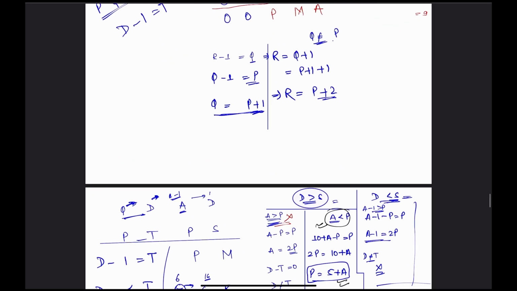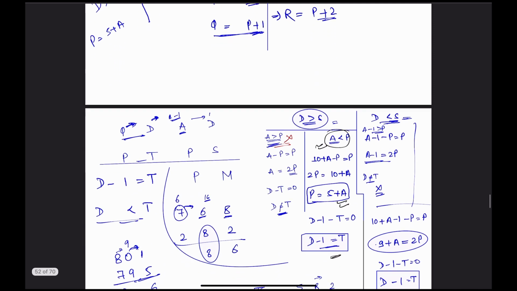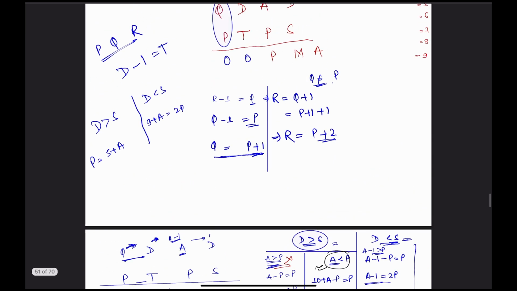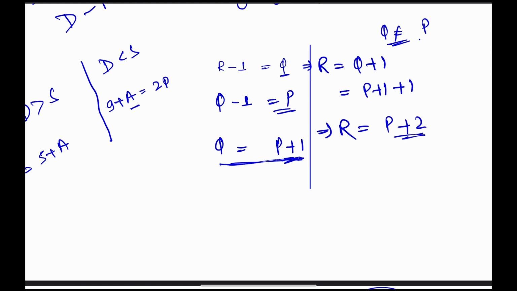And if D is greater than S, then P equal to 5 plus A. One thing, if D is less than S, then P equal to 9 plus A equal to 2P. So odd plus odd is even. So with this one I can say A is odd in this condition.